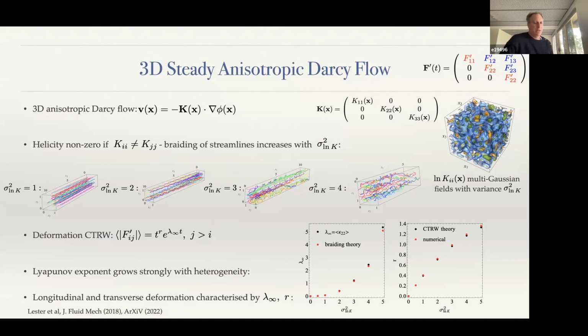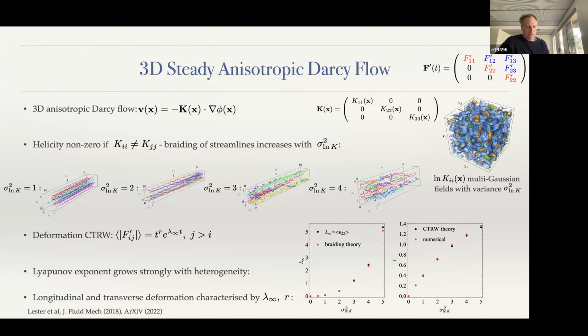If we go back and look at the deformation CTRW for this case, we find that it's a mixture of algebraic and exponential, and the exponents R and the Lyapunov exponent lambda infinity are computed on the bottom right for various values of the heterogeneity, sigma squared log k.